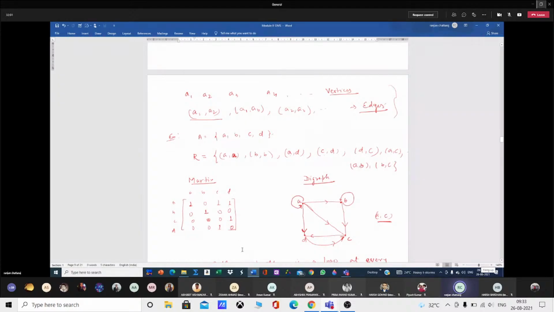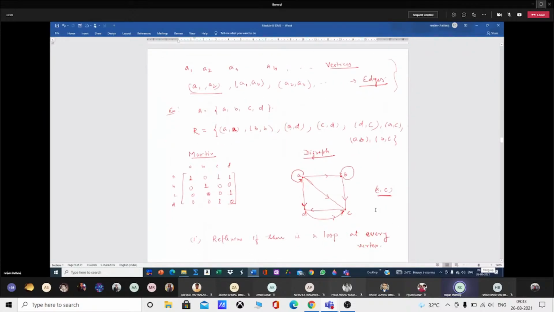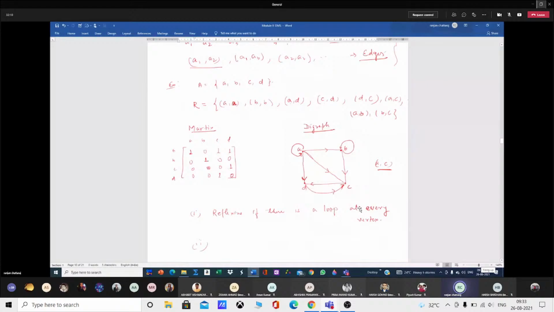When you say that it is a symmetric relation, when is it symmetric? When AC and CA both belong. So you can write this: every edge has an opposite edge.